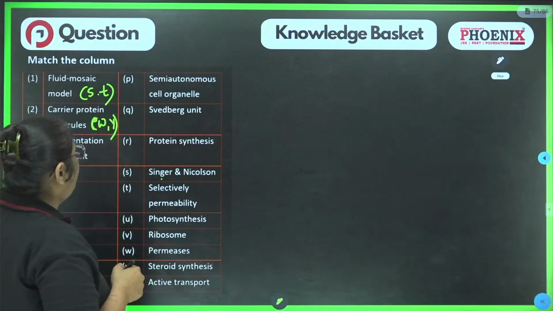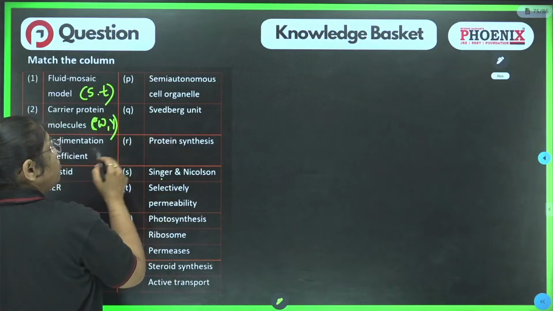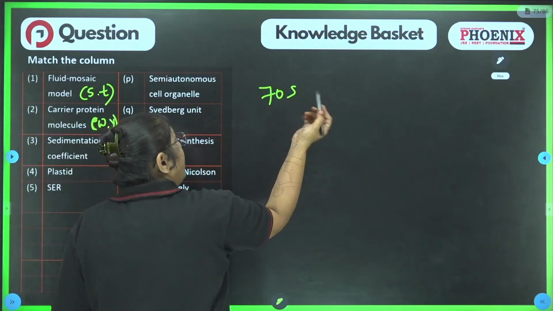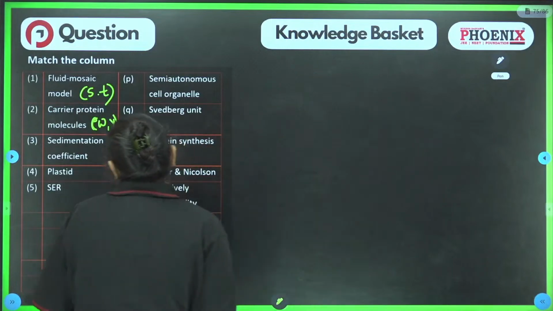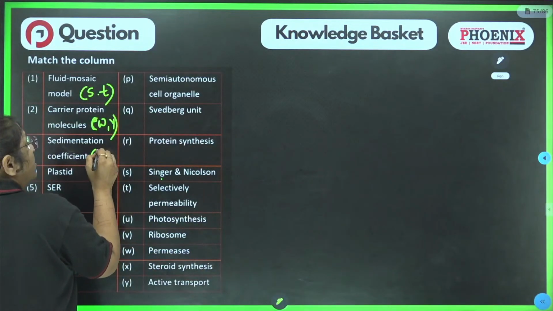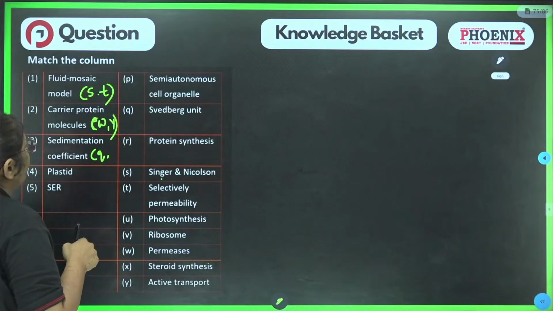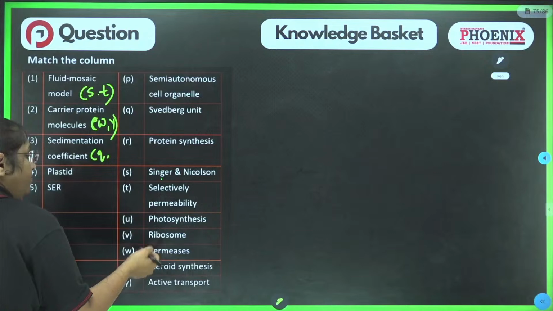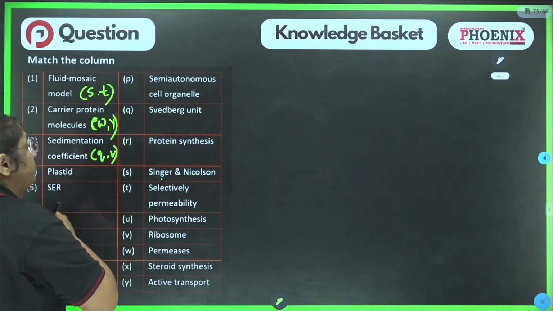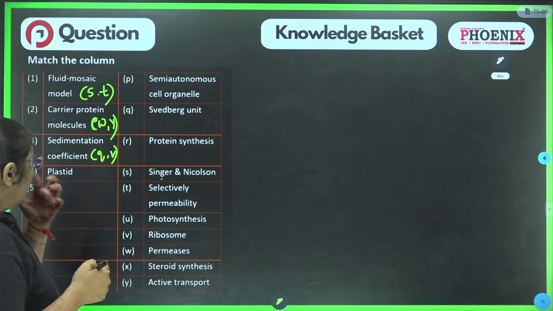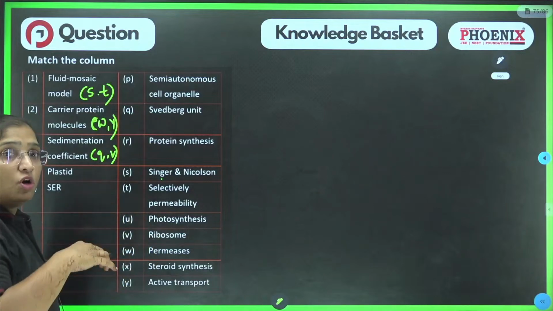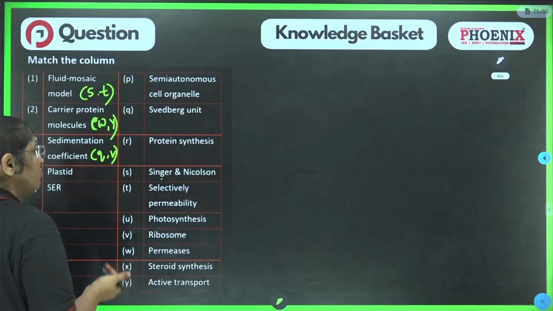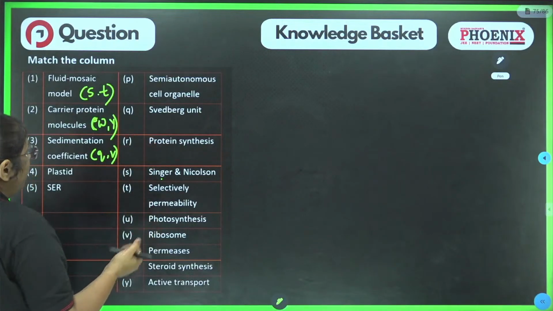Sedimentation coefficient, that is S, which we write as S, 70S and 80S, that is the Svedberg unit. So here Q and ribosomes, because ribosomes have two units, a small unit and a larger unit, subunits of the ribosome. So here it will be Q and V.